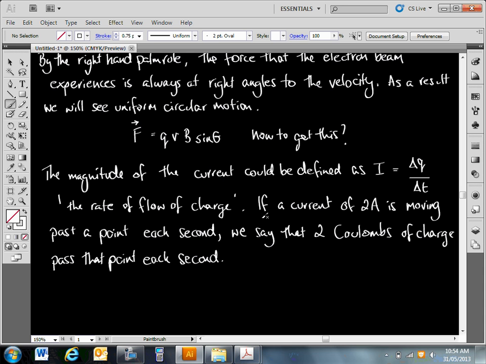Or actually, it's probably better to say that the current of 2 amps is flowing in a circuit. We say that 2 coulombs of charge is passing a point each second.